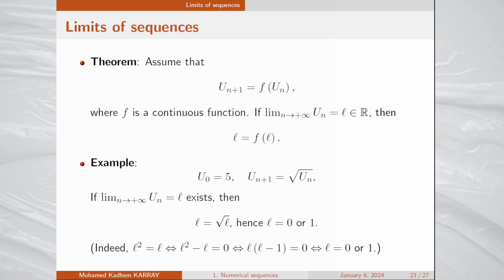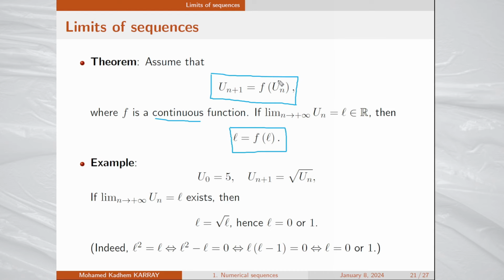We state now a useful theorem. Assume that un plus 1 equals some function of un, where f is a continuous function. So if the limit of un as n goes to infinity equals L, then in this case L equals f of L. Let's see together how it works.